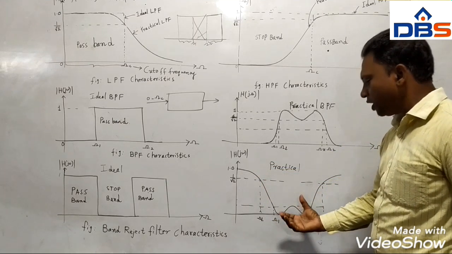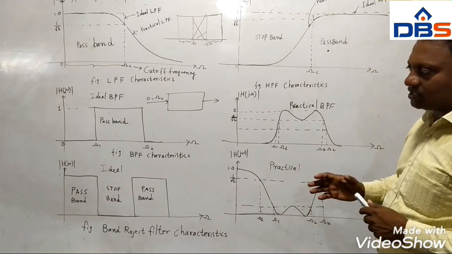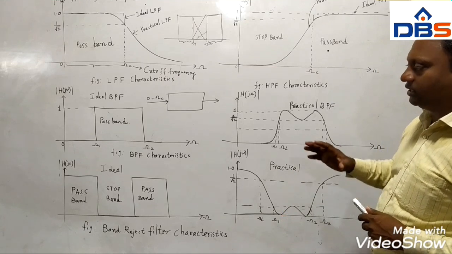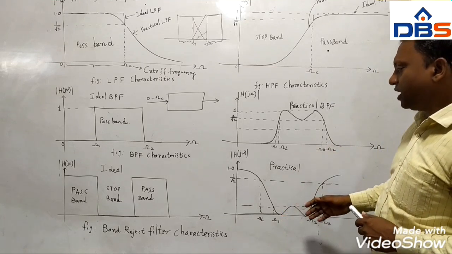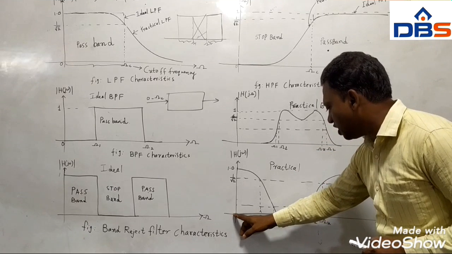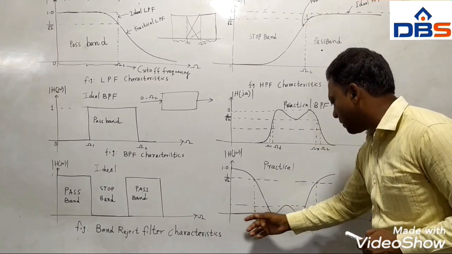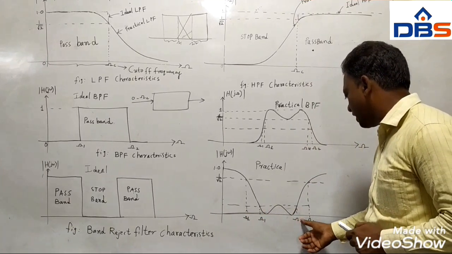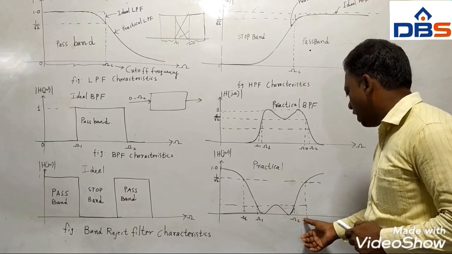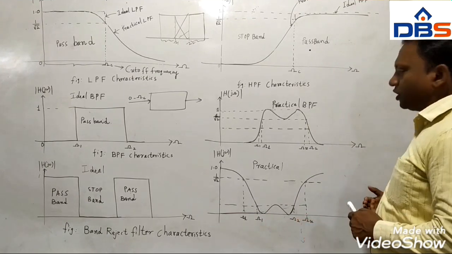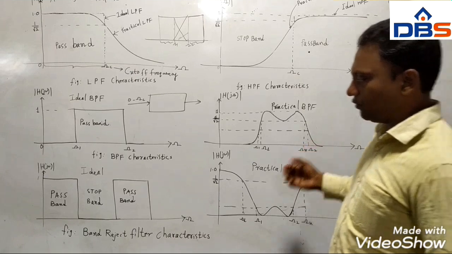This band is the band of frequencies that is rejected or blocked by the band reject filter, and all the other frequencies pass, from here to here, and again from upper omega U to other frequencies it passes all other frequencies.